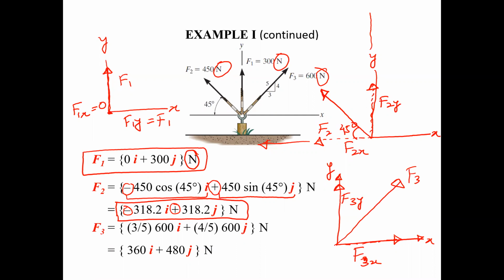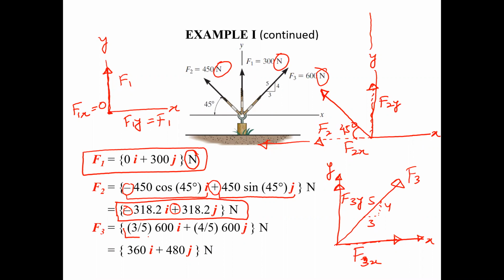All right. And the triangle ratio is given, 3, 4, 5. So we'll use that to find out F3X and F3Y. Okay. So F3X would be 3 by 5 times F3, right? And F3Y would be 4 by 5 times F3, right?